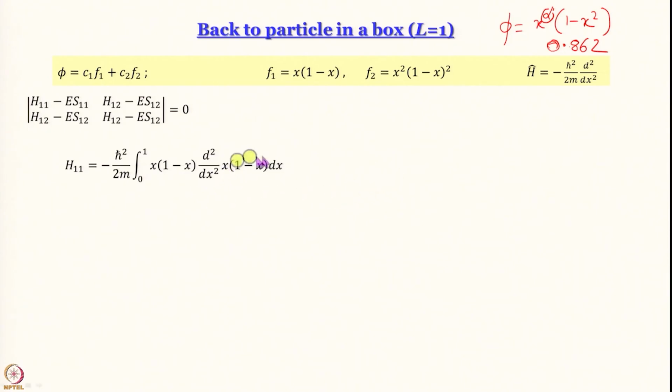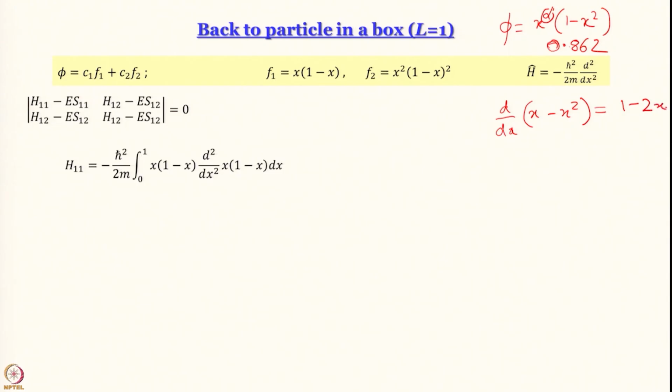So, this x into 1 minus x essentially is x minus x square. First of all we will find the first derivative. It is very simple; perhaps many of you would have worked it out by the time I do it. So, essentially I am trying to get d dx of x minus x square, and without having to know rocket science I think we can see that this is going to be 1 minus 2x.